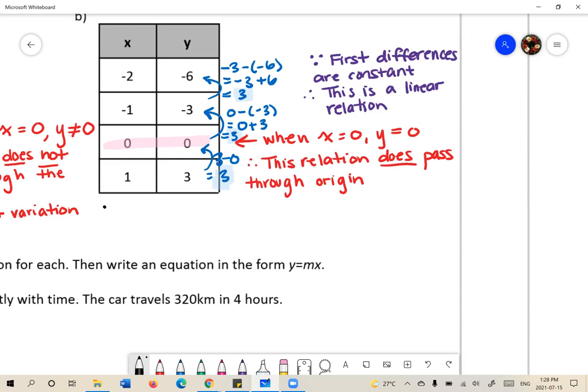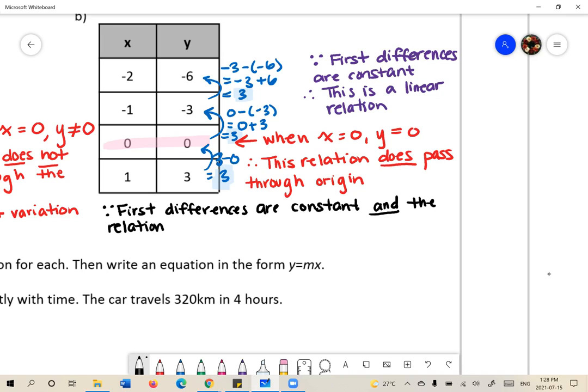Since the first differences are constant and the relation passes through the origin, therefore, this is direct variation.